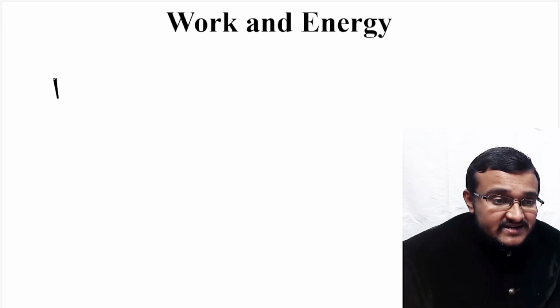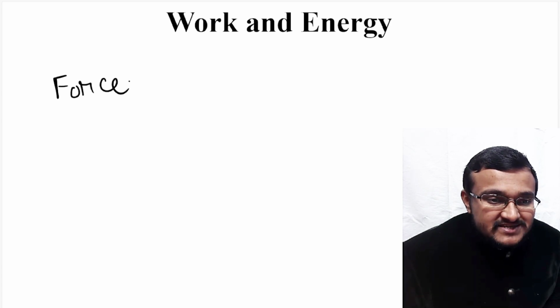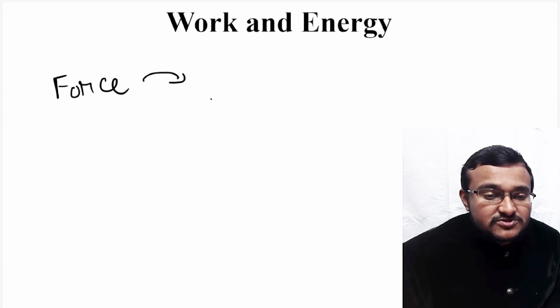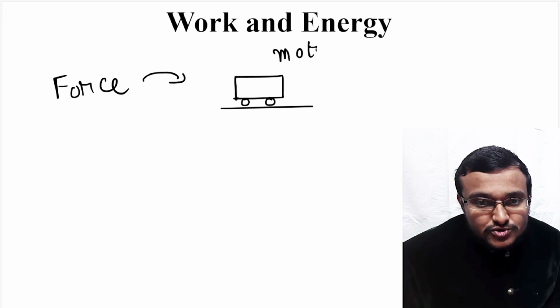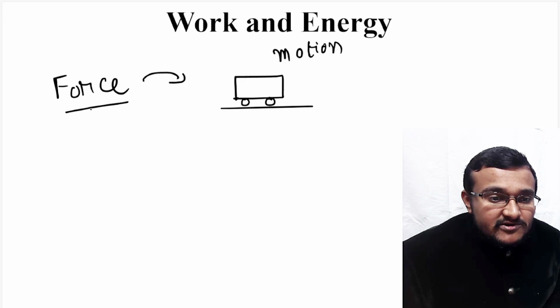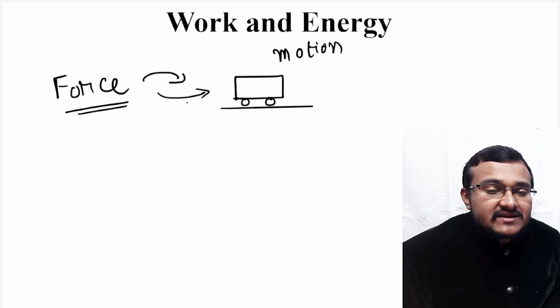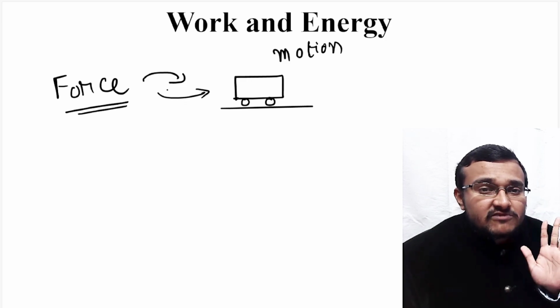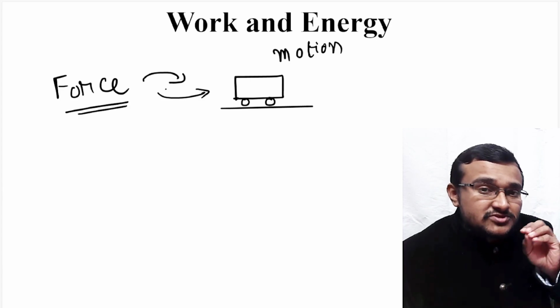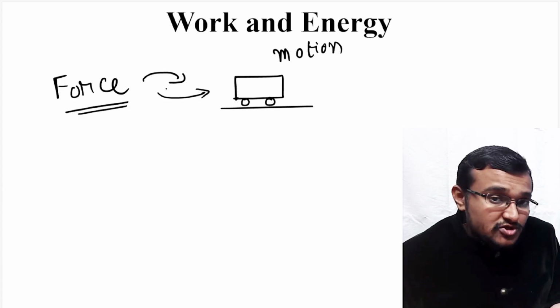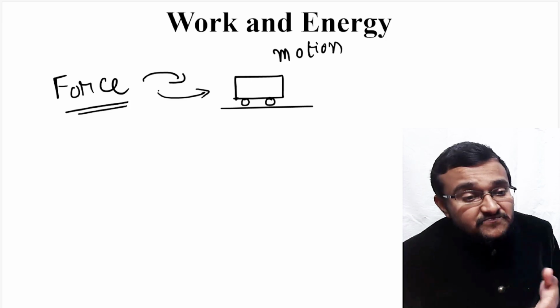Here you should not get confused. Whenever force is applied on an object, for example, now the car is in motion and a certain amount of force is applied on this car. That means the driver presses the accelerator pedal, so he is putting a certain amount of force on this car.